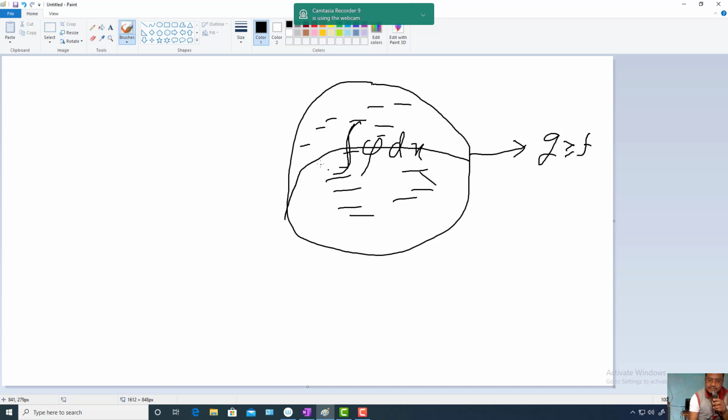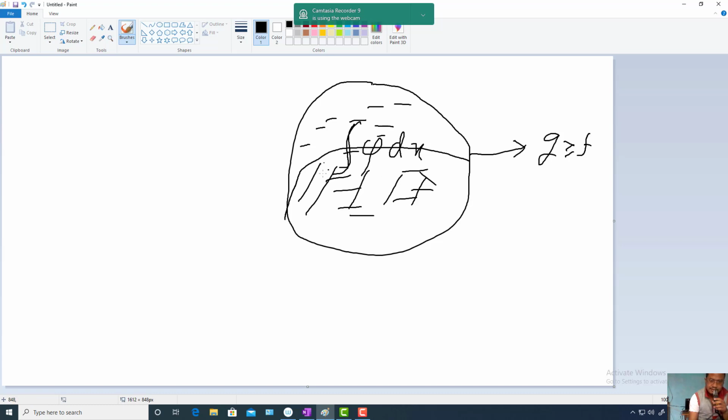Since g is greater than or equal to f, suppose this is a small domain. In this small domain you have the integrals of simple measurable functions which are less than or equal to f. Less than or equal to f means less than or equal to g, no?